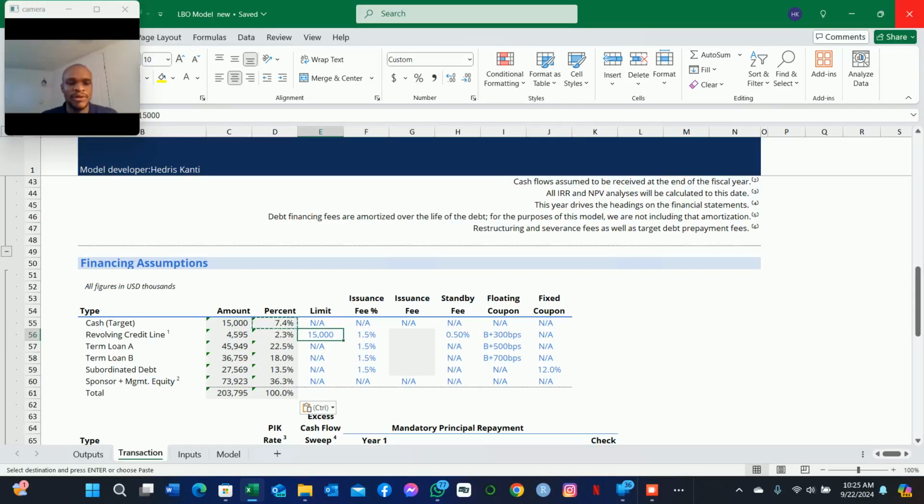And now we have here the limit for the line of credit. In this case, we are saying that this is the maximum limit to withdraw from the line of credit if ever there is going to be some issuance of debt.